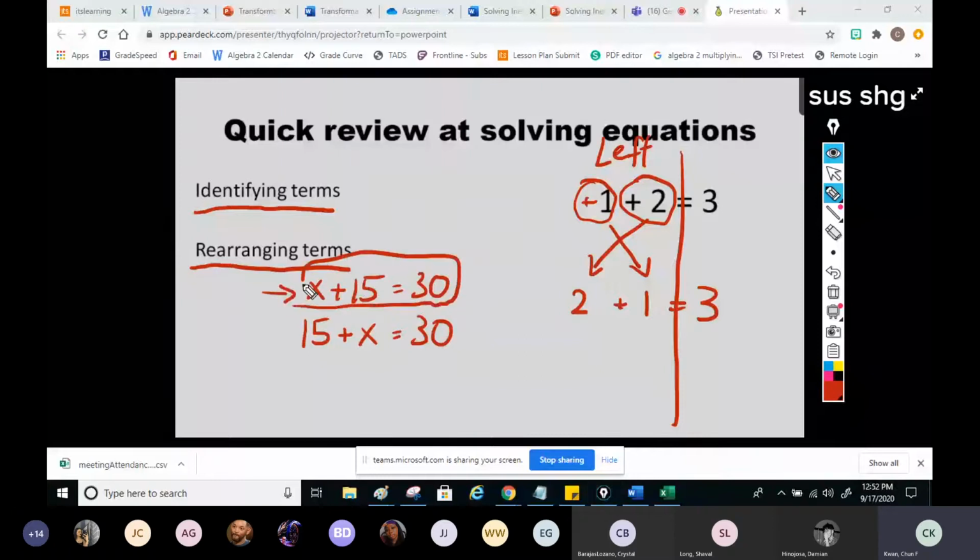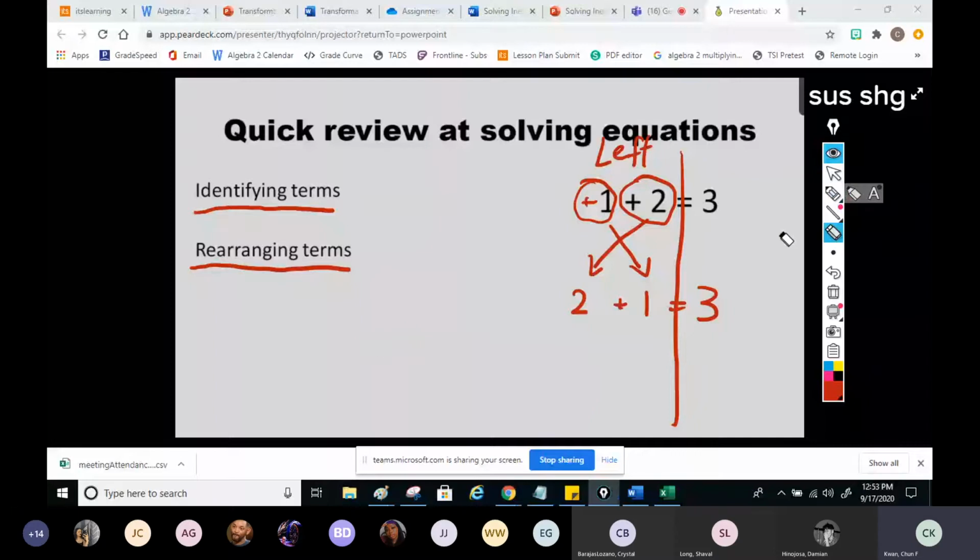Everyone can get this correct, but a lot of people tend to get stuck when the variable is not in the front, but in reality, it's the exact same thing, okay? 15 plus x is the same as x plus 15, same thing. All right, so far, I hope you guys understand everything correctly. If you have any questions, you can go ahead and type them in the chat.